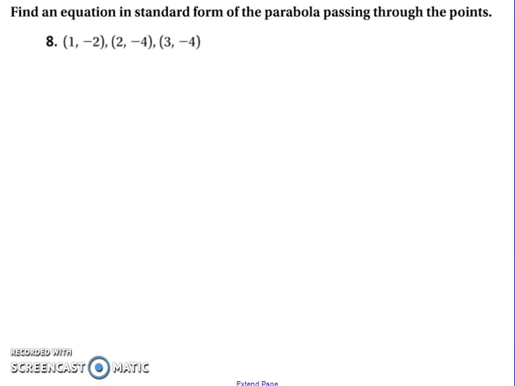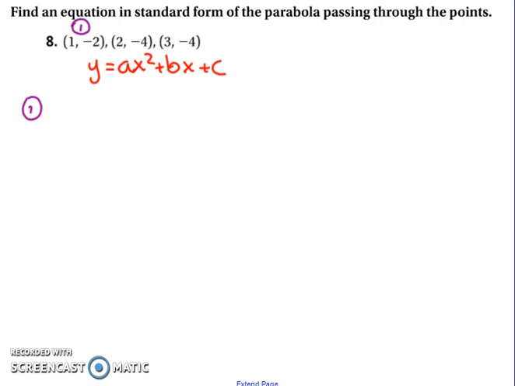What we're going to do is use standard form. Standard form is y equals ax squared plus bx plus c. So we're going to create our three equations using the 3 points that we have. For the first equation, we're going to use the first point, 1, negative 2.